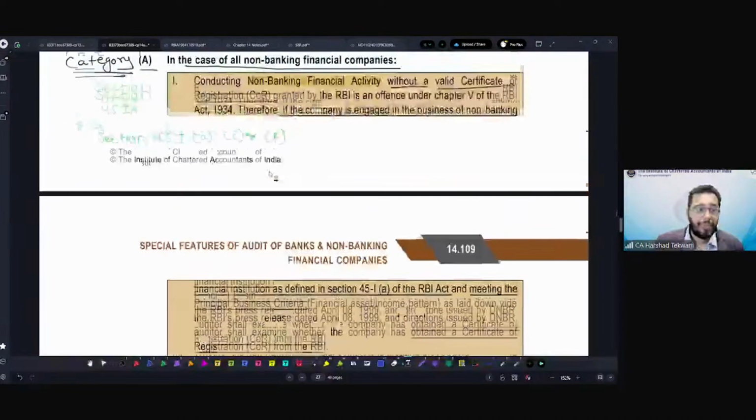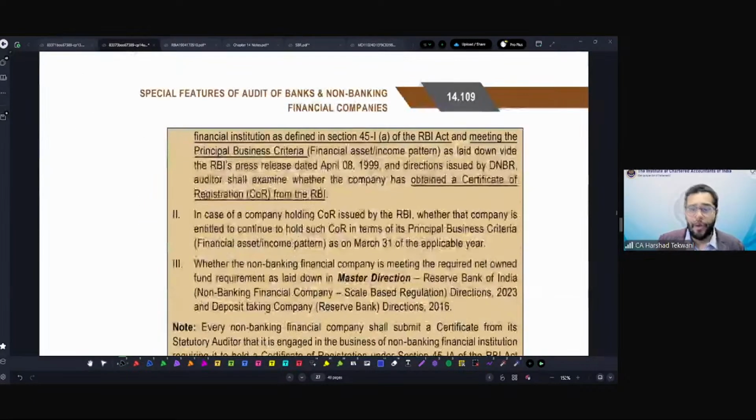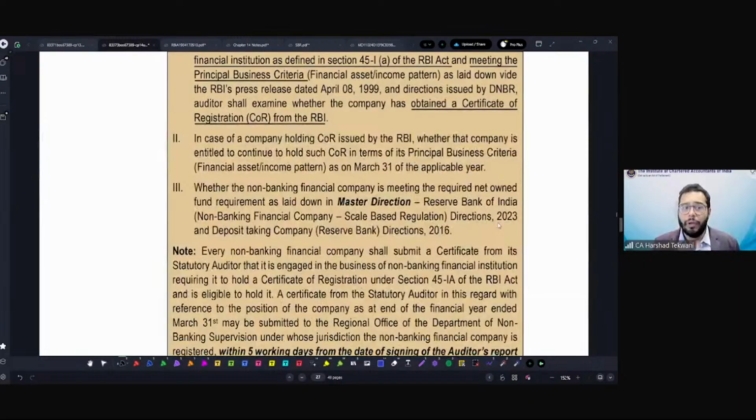Number two, that was the certificate of registration, the COR requirement, obtaining the COR. Once you obtain the COR, NBFCs are required to maintain it. So the second reporting requirement is whether they are entitled to continue to hold such COR in terms of the principal business criteria as on 31st March.